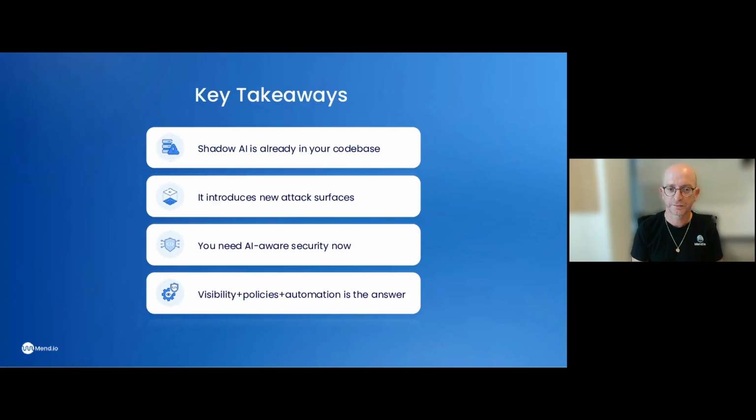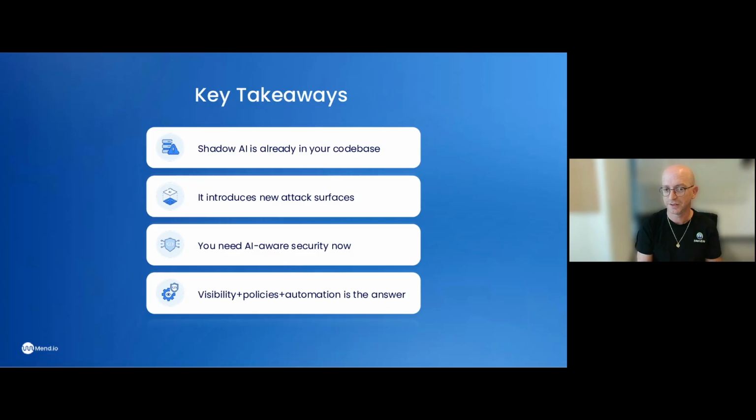So first, Shadow AI is most probably already in your code base, as I showed, at least from our set of customers. This is super, super common, and every organization uses different types of AI components. The usage of Shadow AI introduced new attack surfaces that you must be aware of and start building a plan to protect.